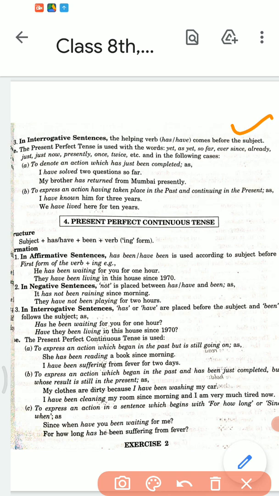To denote an action which has just been completed. For example, I have solved 2 questions so far. My brother has returned from Mumbai presently.